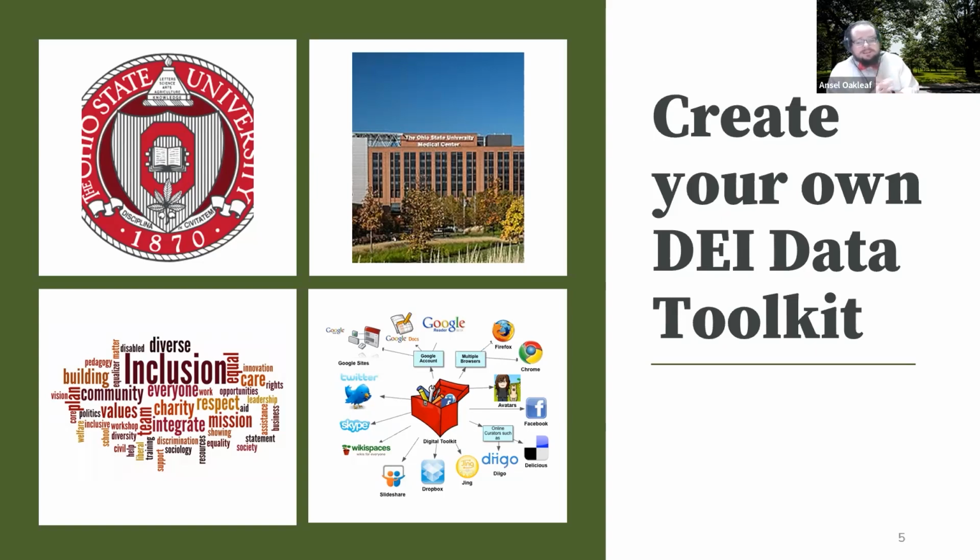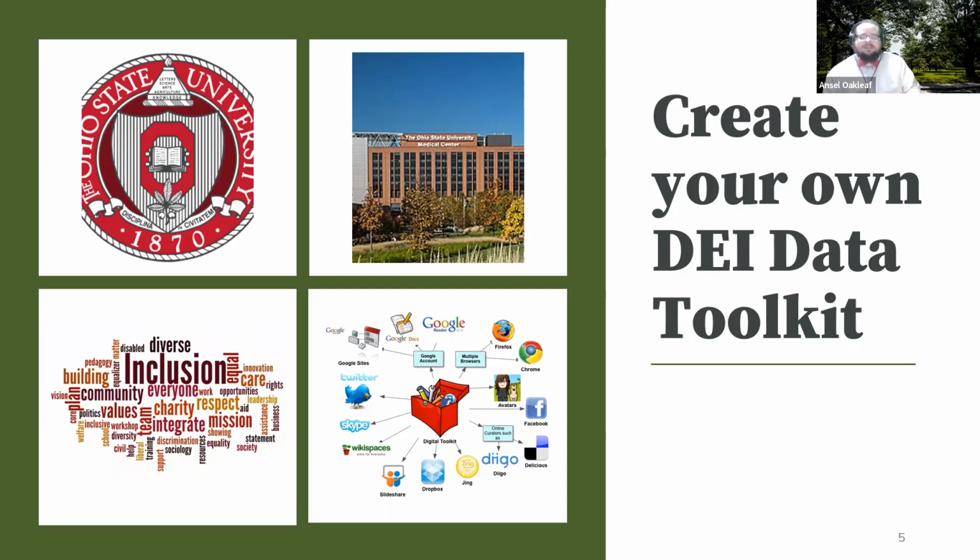So many of you have probably gone to Google University and started researching the DEI data toolkit. And you may find a few brief articles here or there. A lot of them you might have to pay a subscription to read, or you might find a white paper, but there's really not much out there yet on a DEI data toolkit. And one of the reasons for that is that each institution is very unique. There is not one toolkit that's going to work and be able to look at DEI across all institutions across the globe.